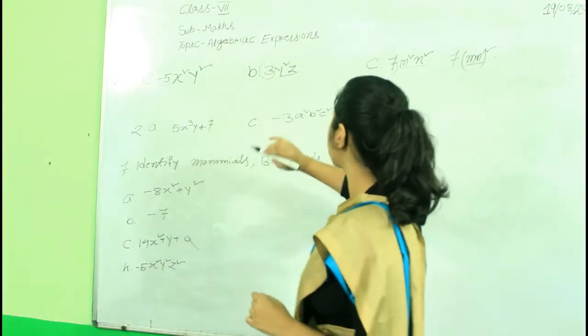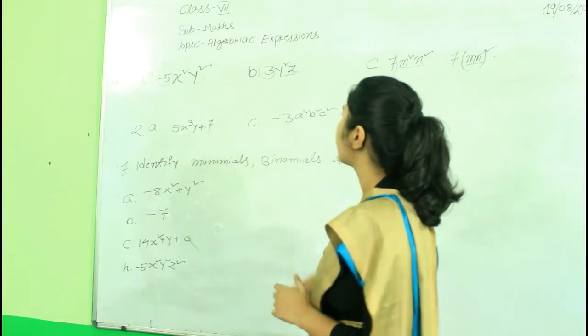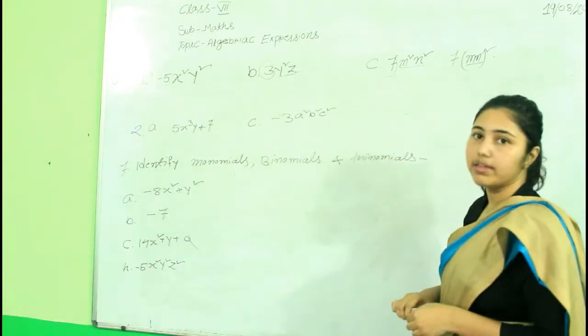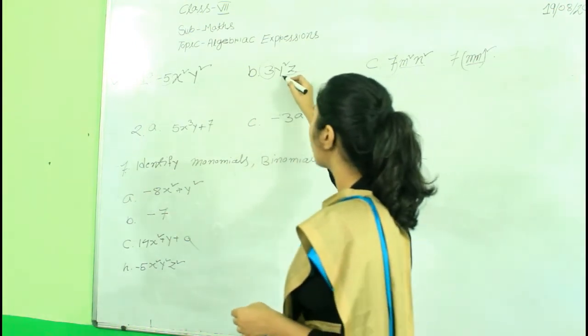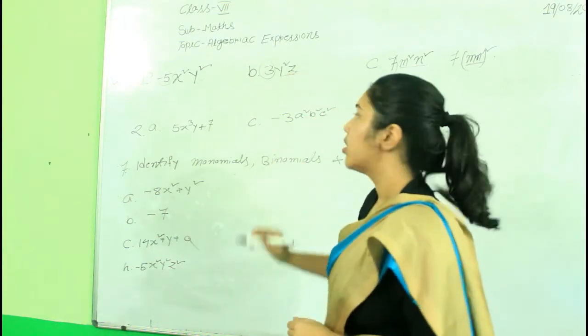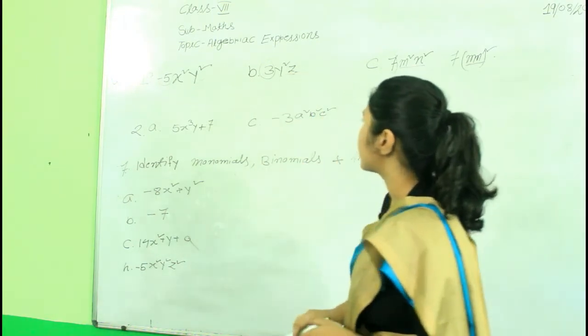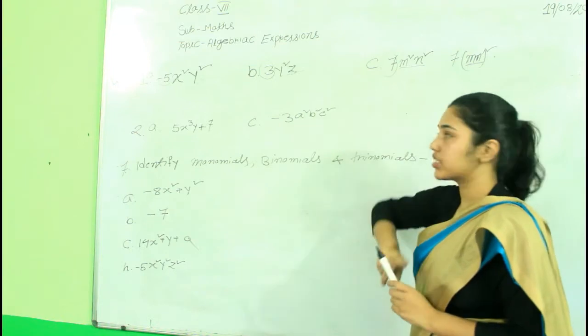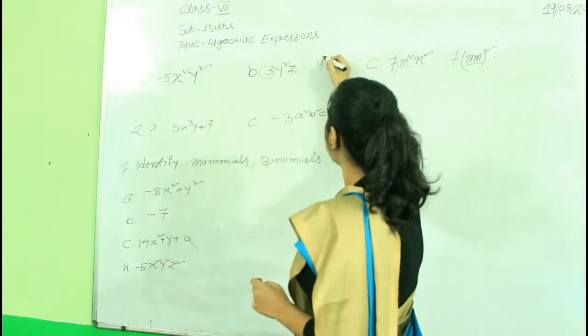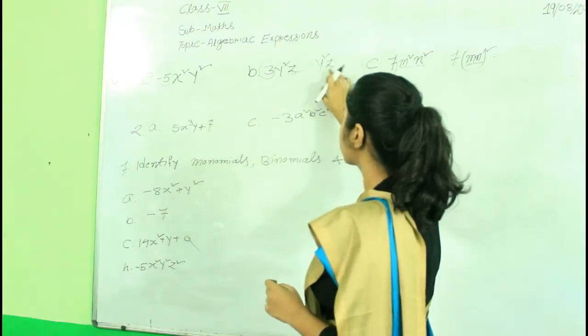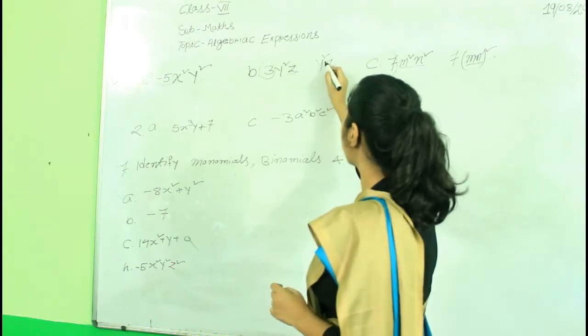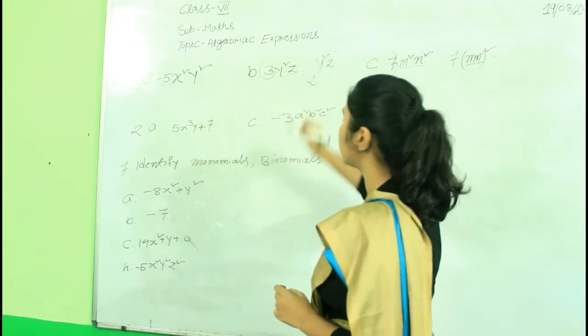In this case also, here the variable is yz. The power of y is 2. Now in this case, the degree of this expression will be y square z, right? So the power of y is 2.